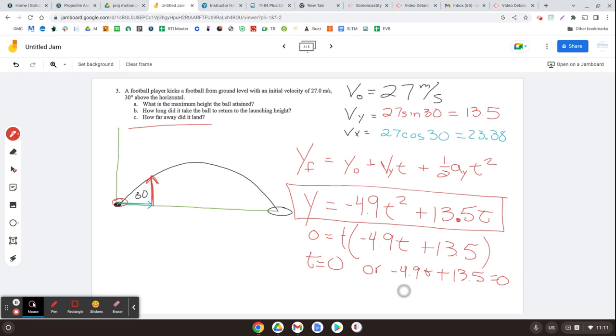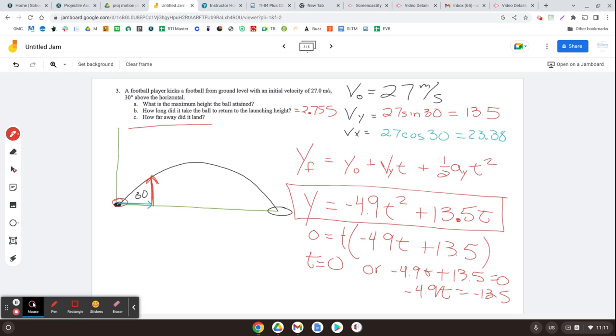So let's solve that. Negative 4.9 t is negative 13.5, so 13.5 divided by 4.9. How long did it take for it to reach the ground? 2.755 seconds. Notice I solved that out of order.